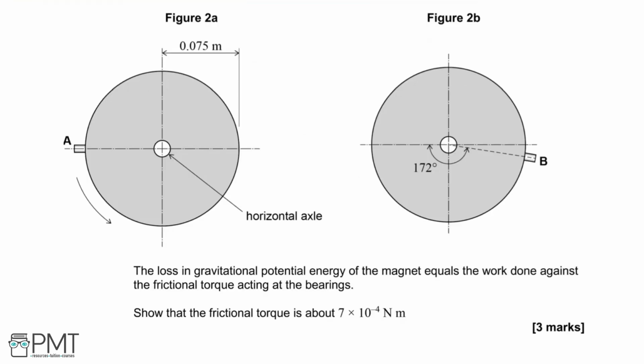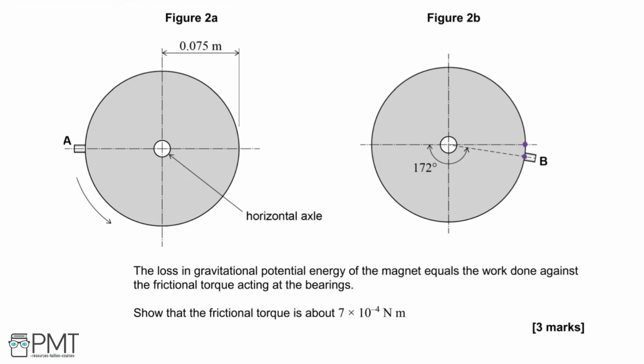So for this question, we can see that A is released, the magnet swings down, but only reaches position B on the other side. So the work done by friction, in this case, is going to be equal to the torque multiplied by, so the loss of energy in this system is going to be equal to the difference in gravitational potential energy between this point and position B.